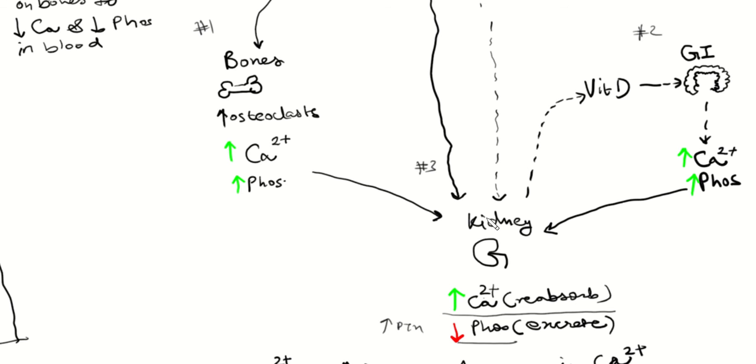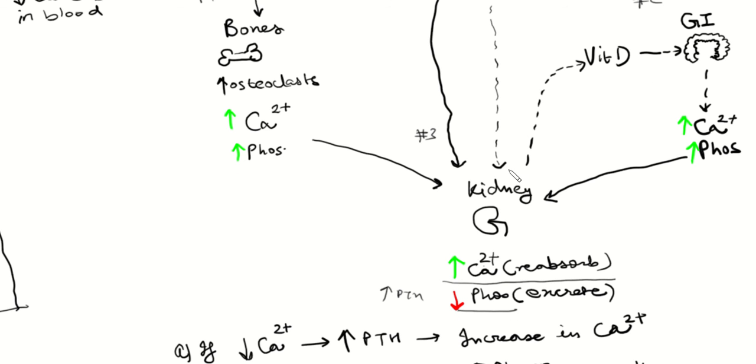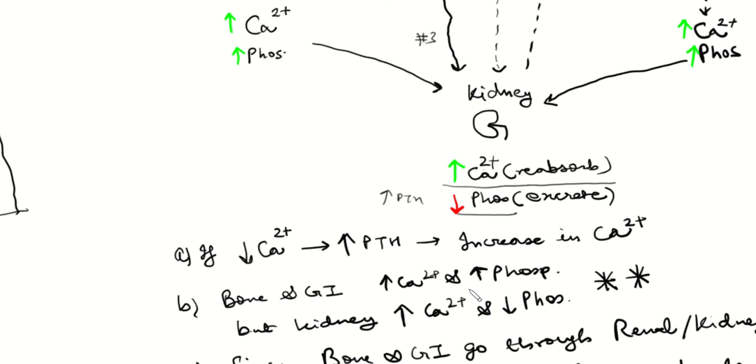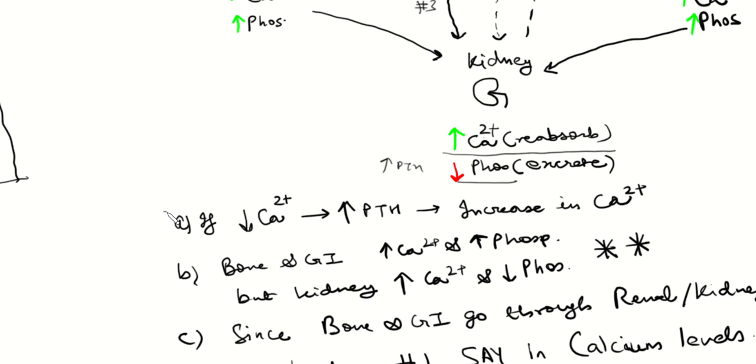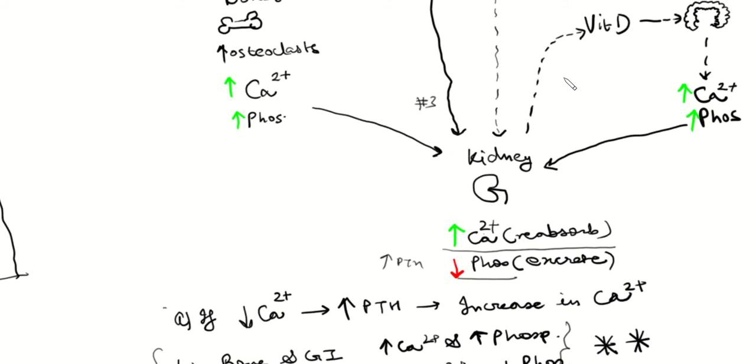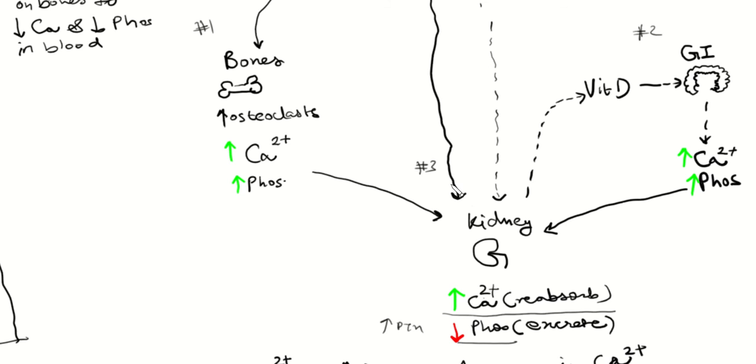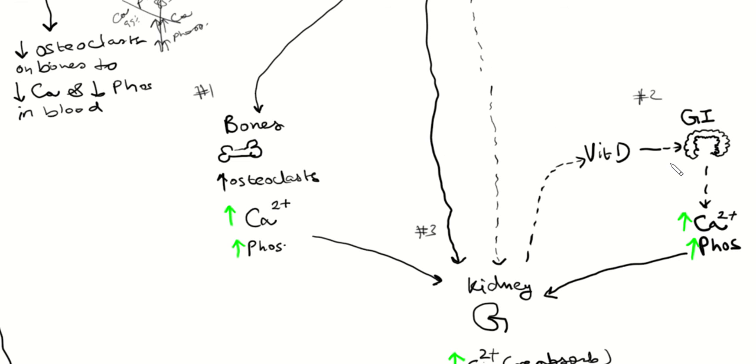However, since the kidney has the last say in all of this, a good kidney with parathyroid hormone would hold on to calcium and get rid of phosphorus or decrease the phosphorus level. Okay, this is an extremely, extremely important concept. That's why I've asterisked this. If you have good kidneys, they're going to override bones and GI because everything is going into the kidneys.